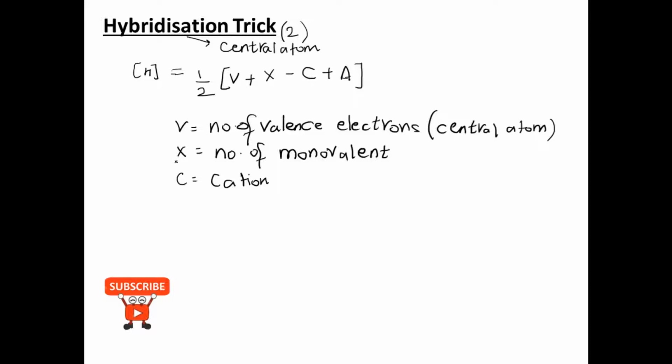You only have to check for the number of monovalent atoms. C is the charge on a cation. Cations are positively charged. And A is the charge on an anion. You have to see the charge, and anion means a negative charge.